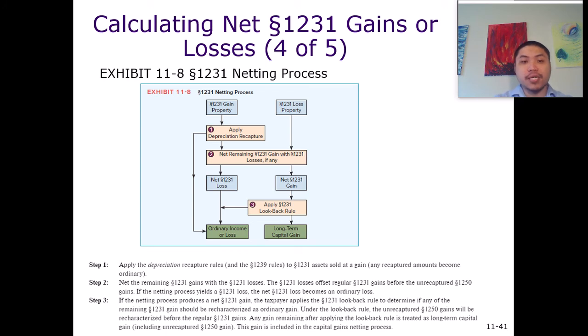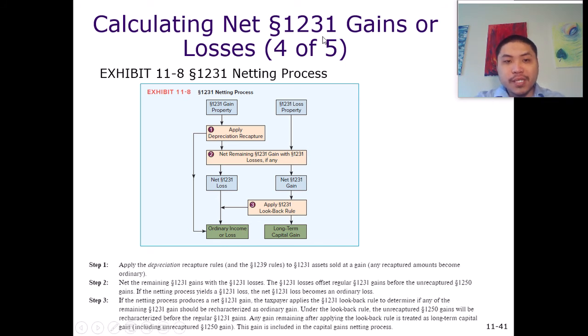Similar thing here. We have to net the section 1231 gain with section 1231 loss to find out whether or not this taxpayer, at the end of the year, has net gain or net loss for section 1231, right?